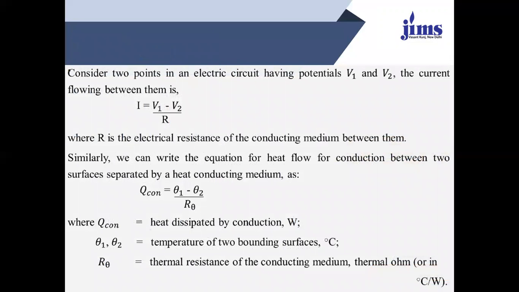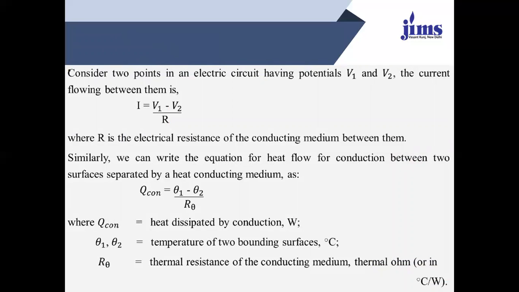Consider two points in an electric circuit having potentials V1 and V2. The current flowing between them is I equal to the potential difference V1 minus V2 divided by R, where R is the electric resistance of the conducting medium between them.